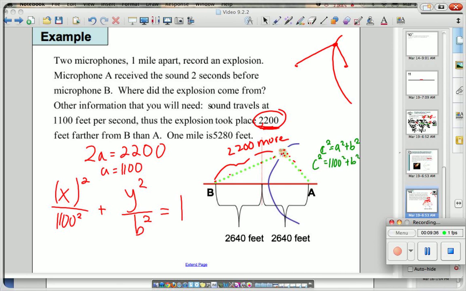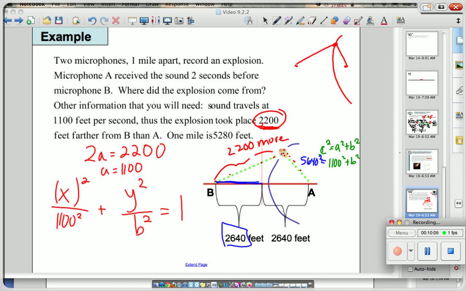Remember, c is how far the foci are from the center. Well, the microphones are at the foci. They're the ones that are measuring that distance. So this right here, 2,640 feet, is how far they are from the center. So our c value is 2,640. And then we're going to solve for b squared.